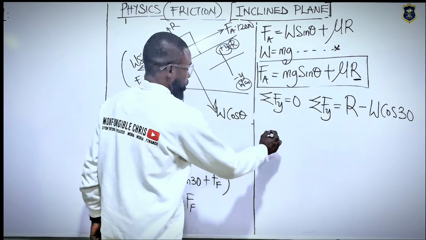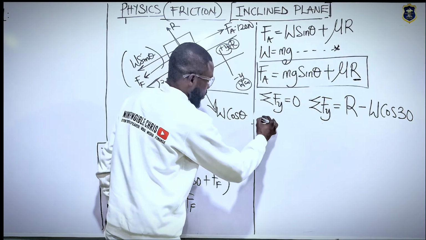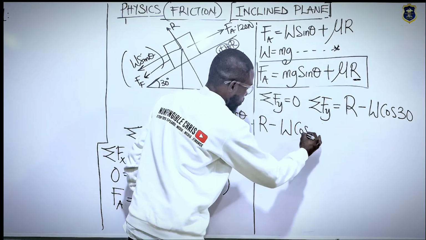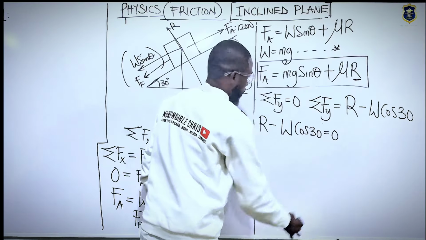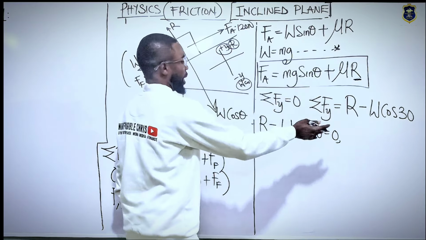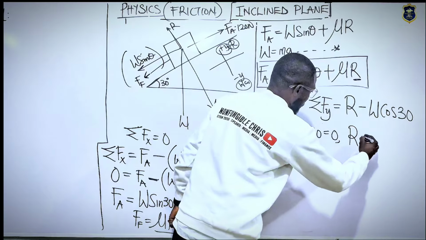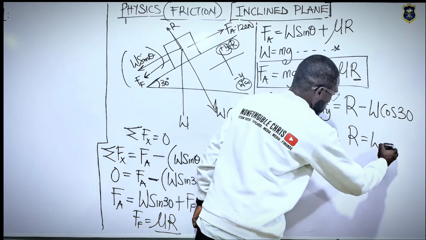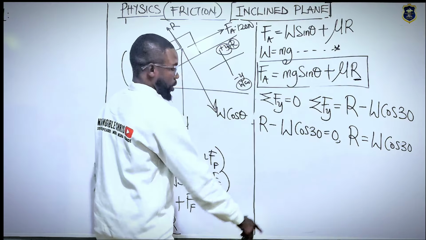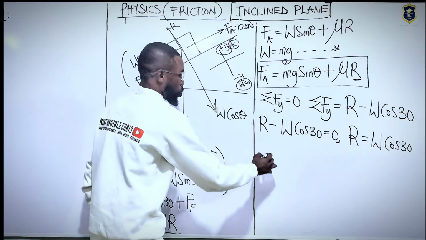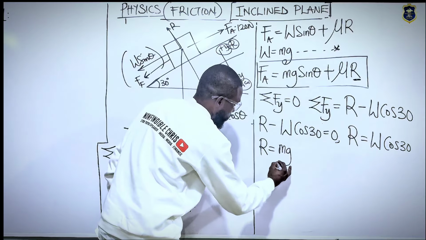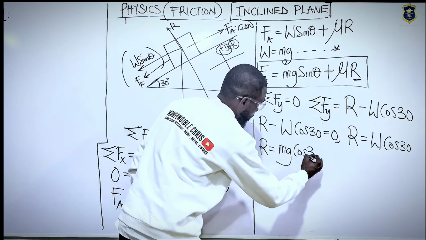So if I arrange it, it means that 0, or we can say R minus W cos 30, is equal to 0. W is equal to mg. If I collect like terms, it's going to be that R is equal to W cos 30. Since W is equal to mg, I can substitute by saying R is equal to mg cos 30.